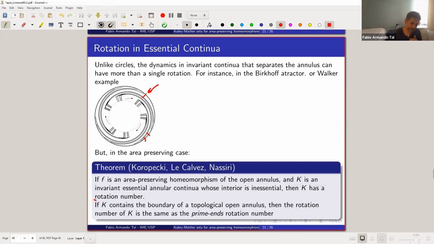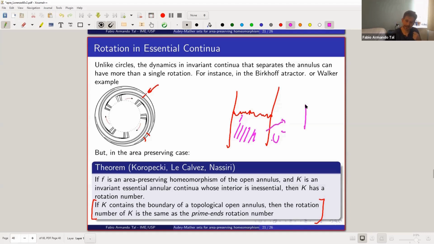And for those who understand a little bit more, if I have here in the annulus some essential continuum, and then this region below it, U minus, is homeomorphic to an open annulus, there is something which is called the prime end rotation number of a homeomorphism of the open annulus. I don't want to get much into that, but you can define a compactification of this region to a really nice annulus such that the boundary is a circle and the dynamics extends continuously to the boundary of this.